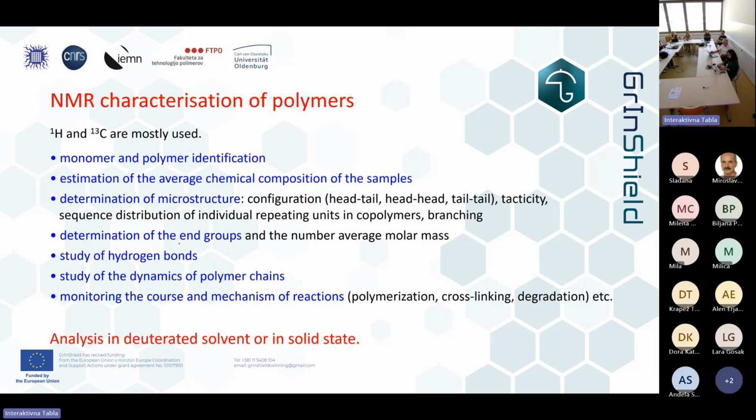And for polymers, we do this analysis usually in deuterated solvent or in solid state. So, for example, these dynamics of polymer chains can be done in solid state. I must say that solid state NMR also requires some specialist knowledge and also experience to obtain good solid state spectra.